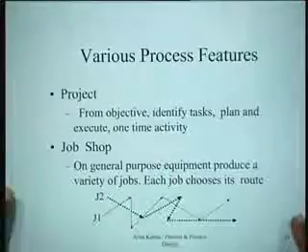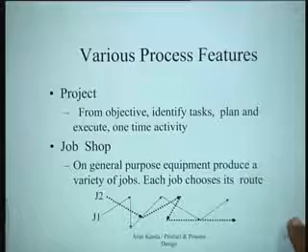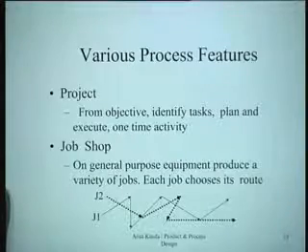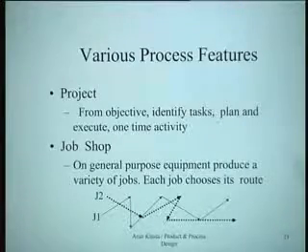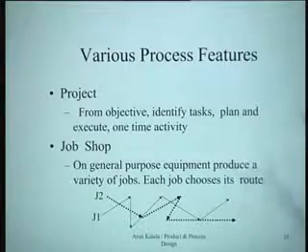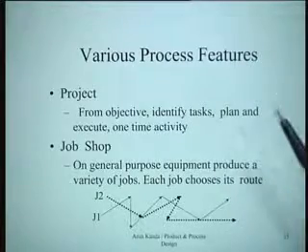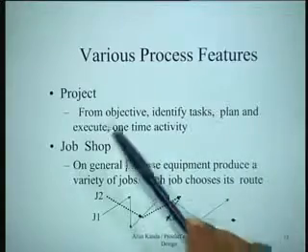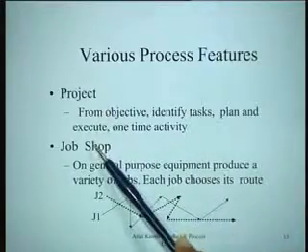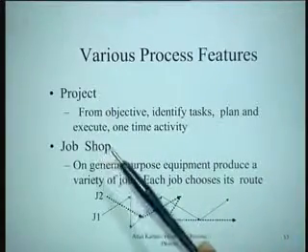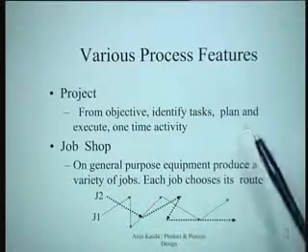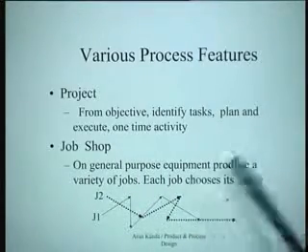Since we are talking about process design and talking about the various process features, although we have already tried to mention some of the basic features of various processes, nevertheless it's worthwhile to look at the various important processes which occur in real life and see what are their features.